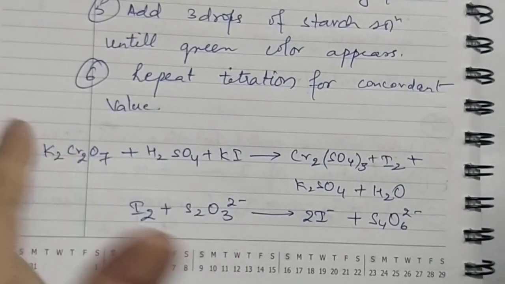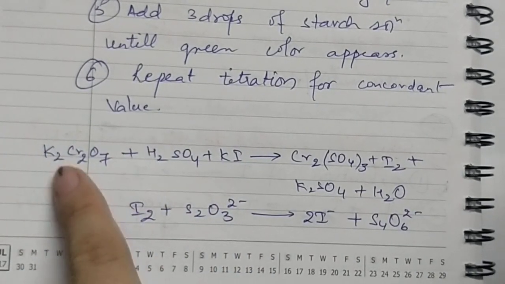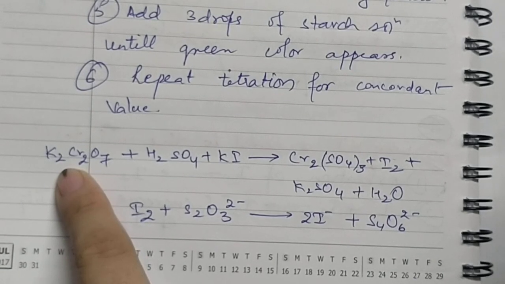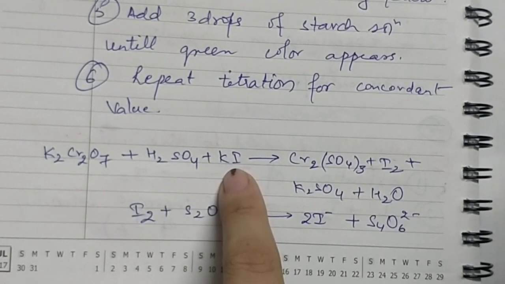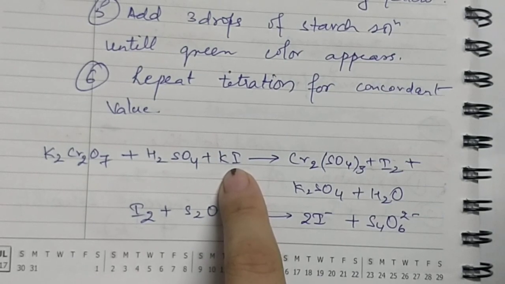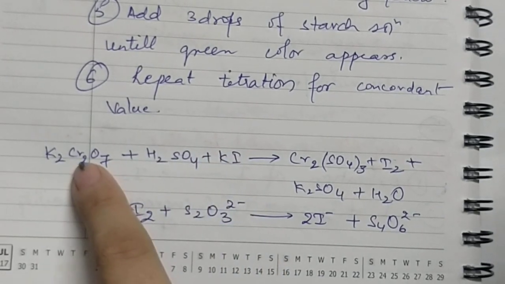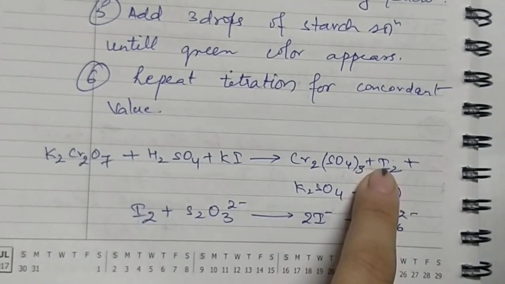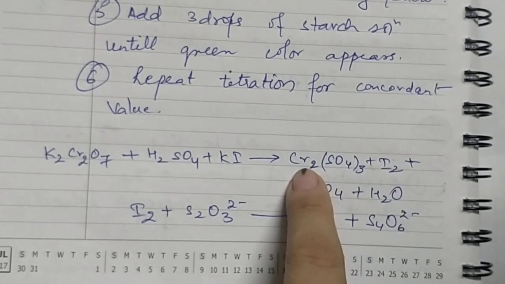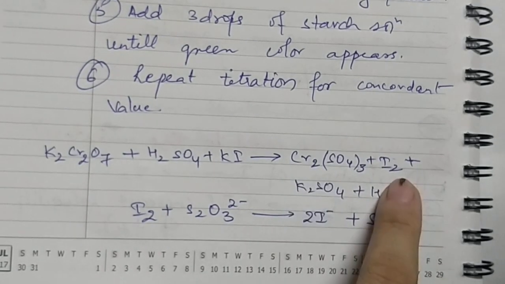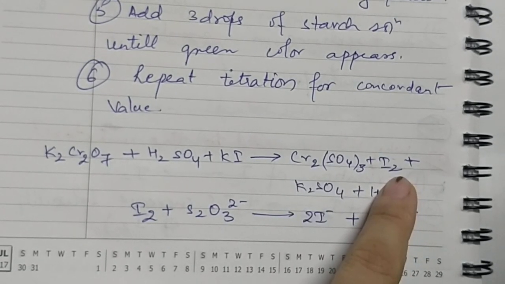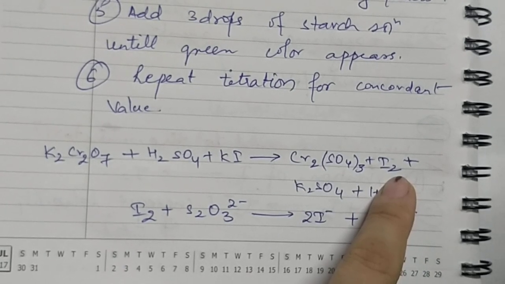So now let's see what are the reactions that are occurring. You are using a primary standard of K2Cr2O7 in acidic media and you have added KI solution so that iodide converts with the help of an oxidizing agent to iodine. And in the course of the reaction, Cr3+ ions are produced which show green color, but the green color is very light. Iodine will overpower the color and show a blue color solution when starch is added.